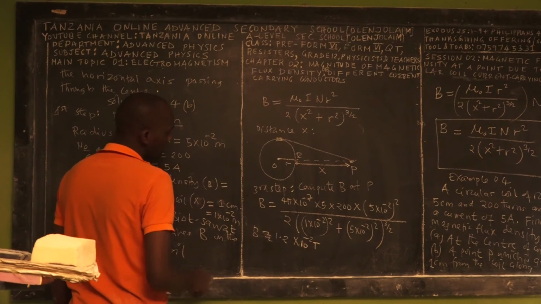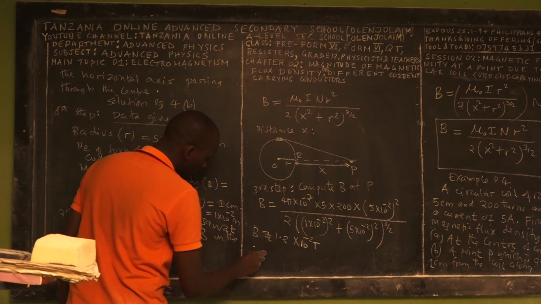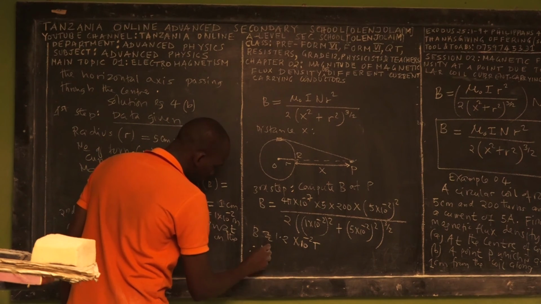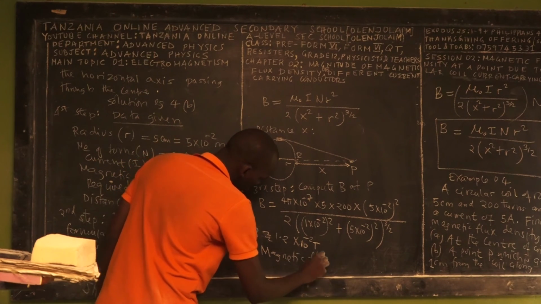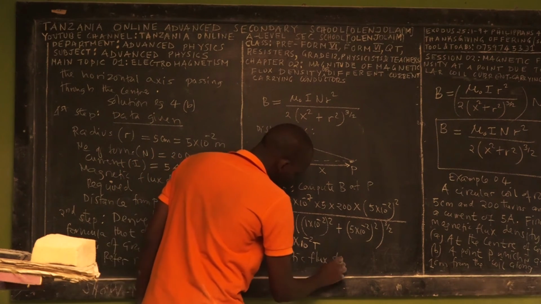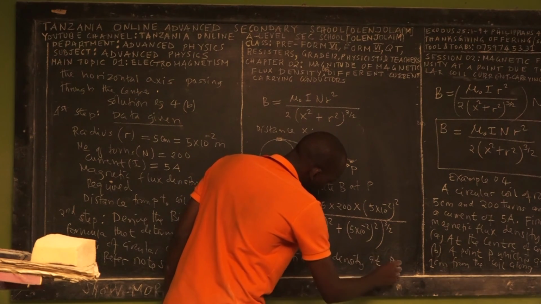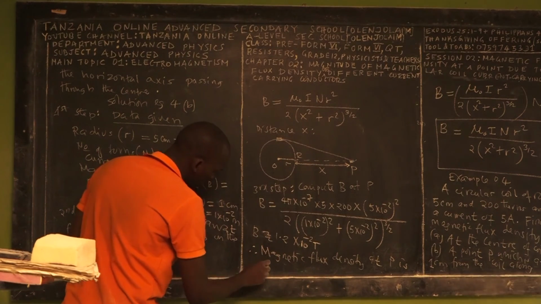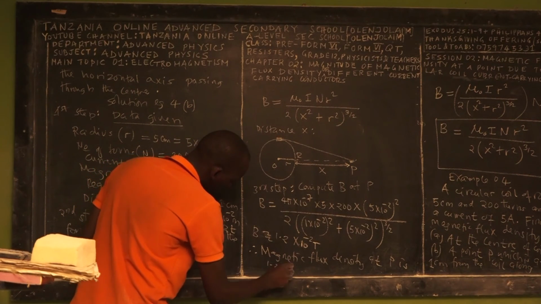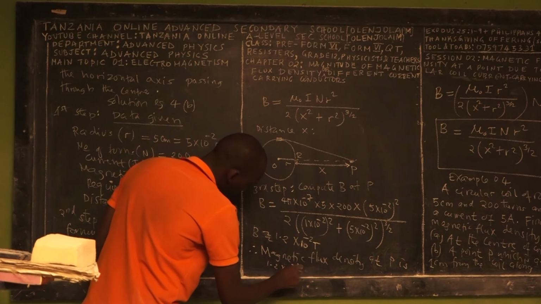Okay. So for that case, we say what? Therefore, the magnetic flux density at point P is 1.2 times 10 to the negative 2 Tesla.